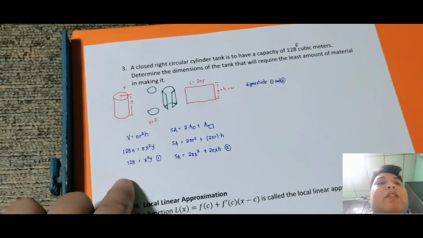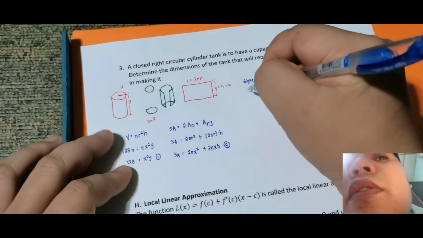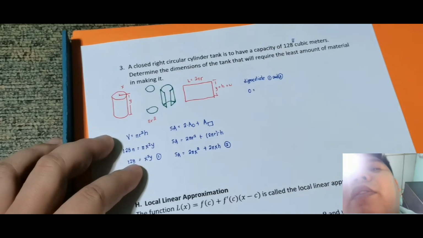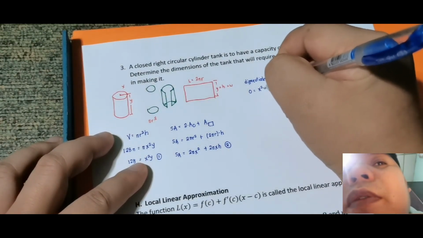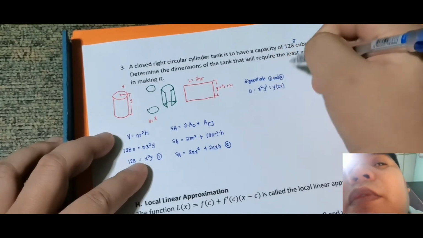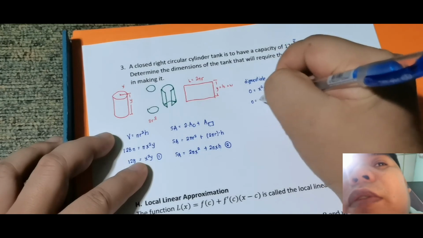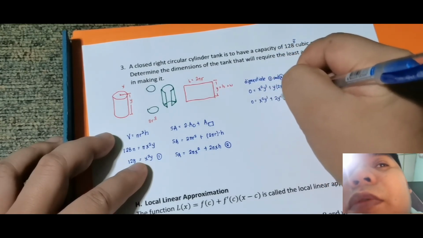For equation 1, obviously that is by product rule. Yung derivative ng 128 is 0. Then by product rule, that is x squared y prime plus y times 2x. Or simply, 0 is equal to x squared y prime plus 2yx.